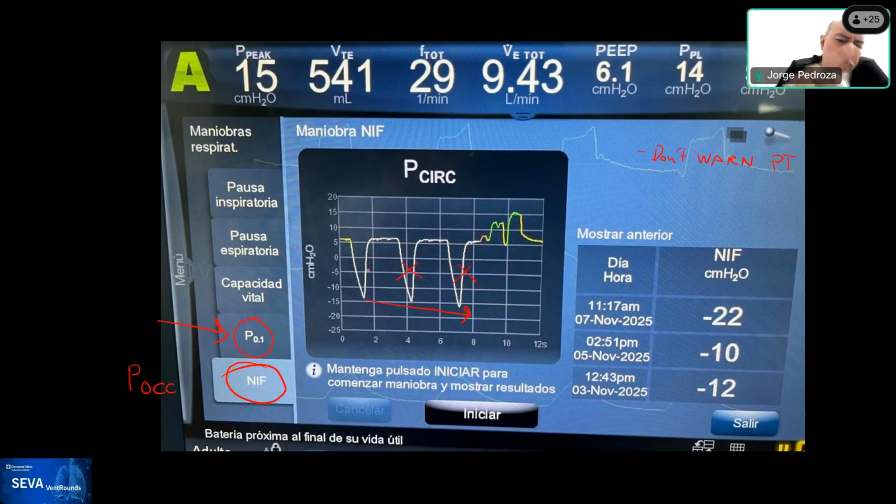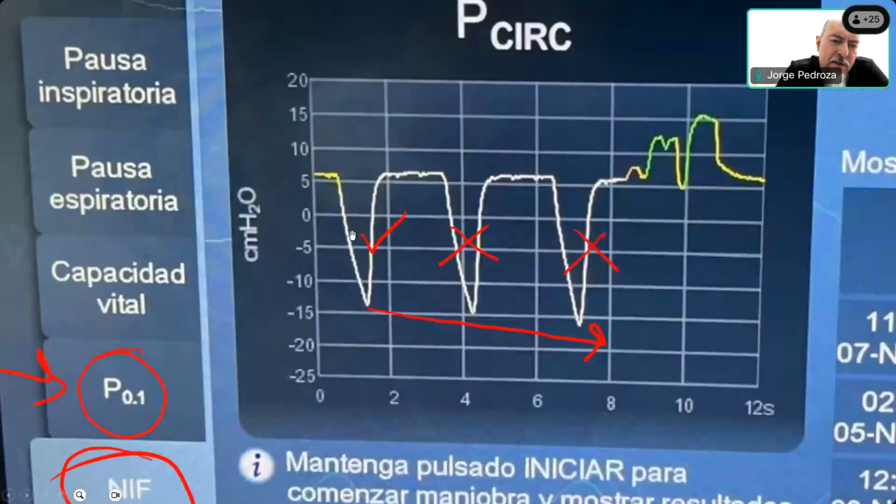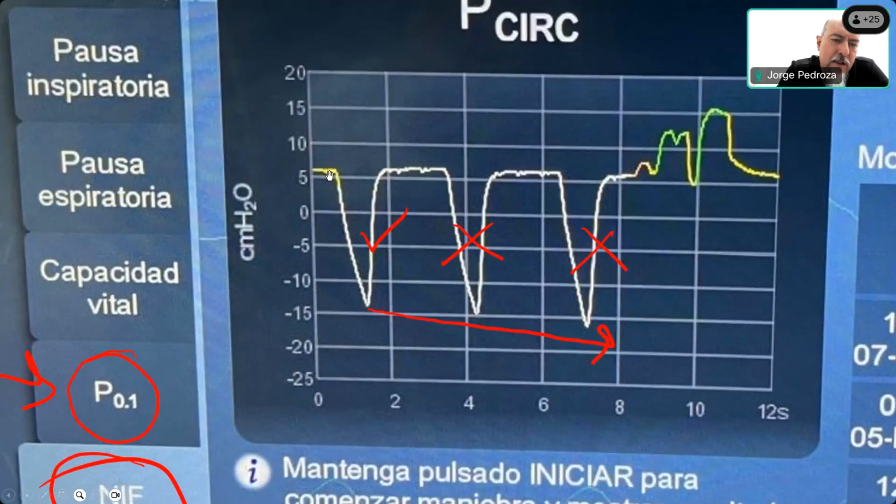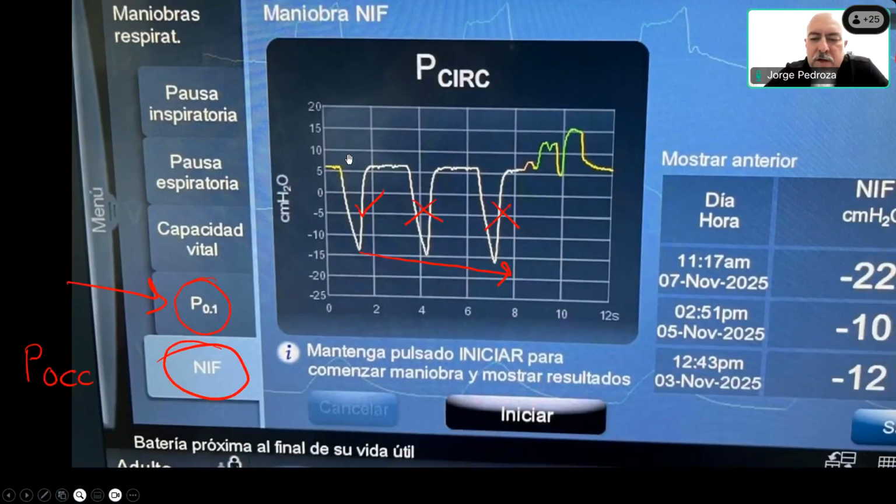We can probably measure it in the graph. We have a PEEP of 6, which means our start at the little yellow line is 6, and here it must be like 14 maybe. So it goes from 6 to minus 14, so it is maybe 20. This 20 is the one that we should focus on, not the minus 22.